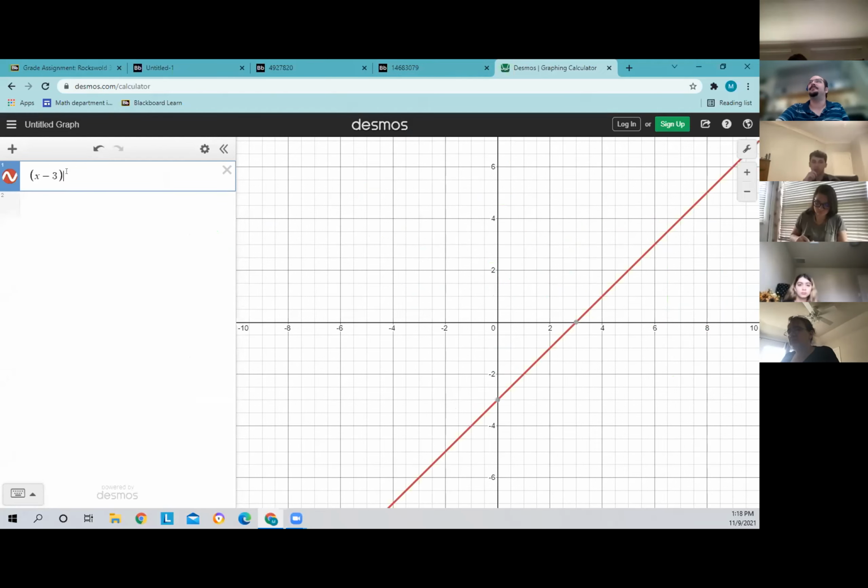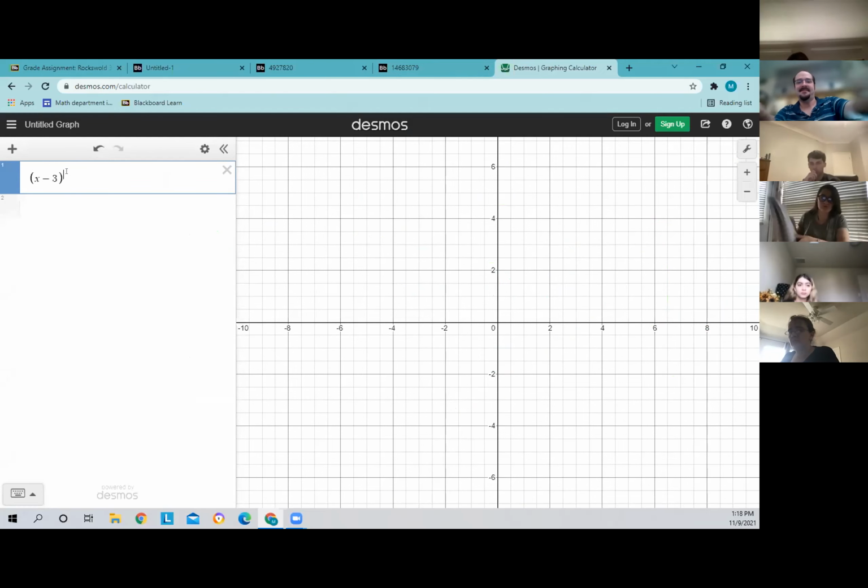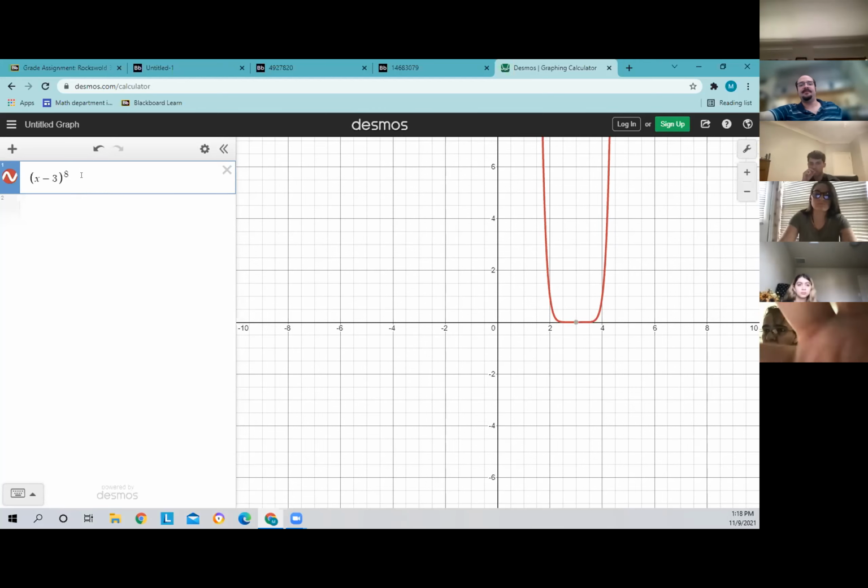If I go square versus 4th versus 6th versus 8th, they all look very similar. When we go higher, they just look more curvy, but they all sort of have that parabolic shape.